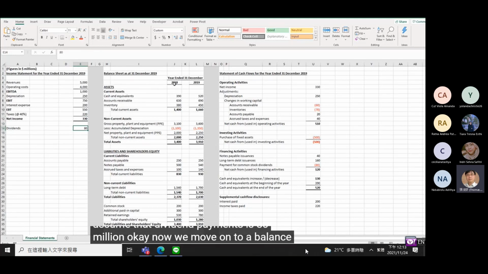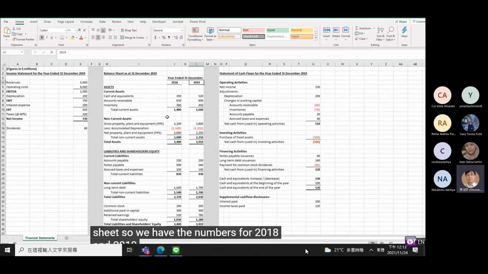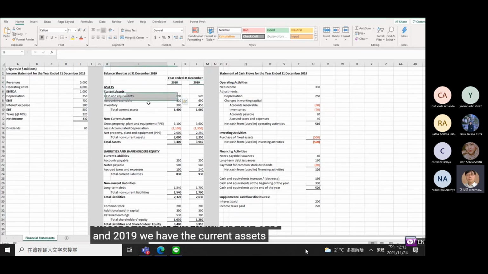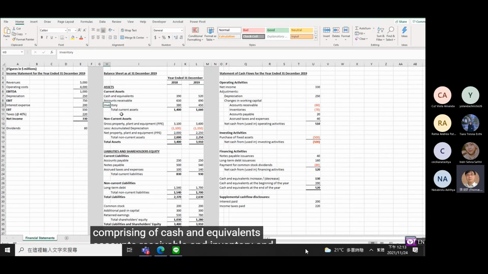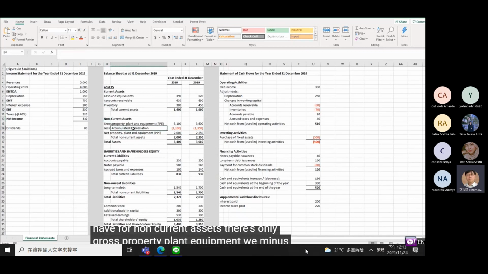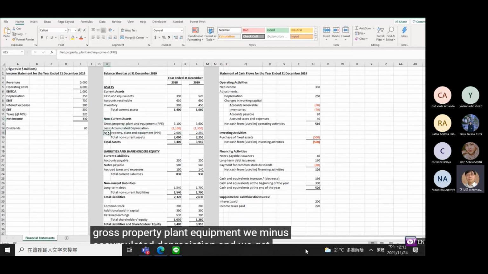Now, we move on to the balance sheet. So we have the numbers for 2018 and 2019. We have the current assets comprising of cash and equivalents, accounts receivable, and inventory. And for non-current assets, there is only gross property, plant, and equipment. We minus accumulated depreciation, and we get the net PPE. And then we have total assets.